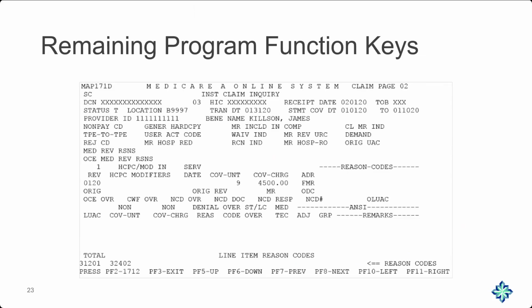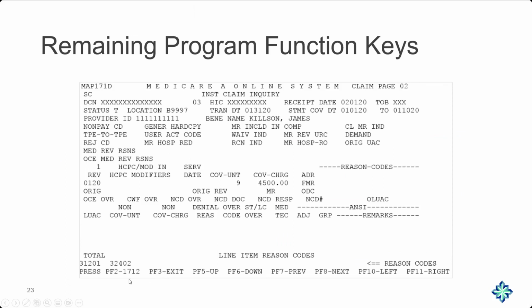So a little while ago, I said that DDE explains what function keys are available for use at the bottom of each page. I showed you an example of that. So you'll know what your options are. I want to pause here and just show you that before we move on to the remaining program function keys, again, taking a look at our options down here.